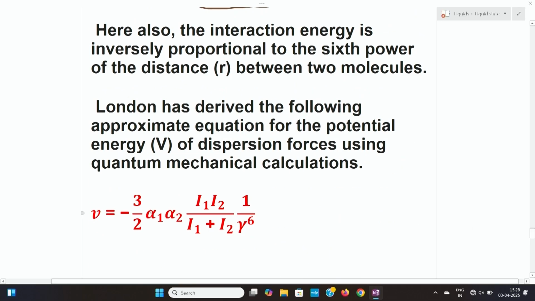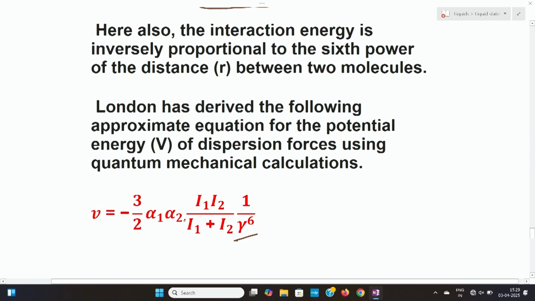Here also the energy depends upon the 6th power of R, and the equation for the dispersion forces or induced dipole forces is V equals minus 3 by 2 times alpha 1 alpha 2 times I1 I2 divided by I1 plus I2, times 1 by R to the power 6.